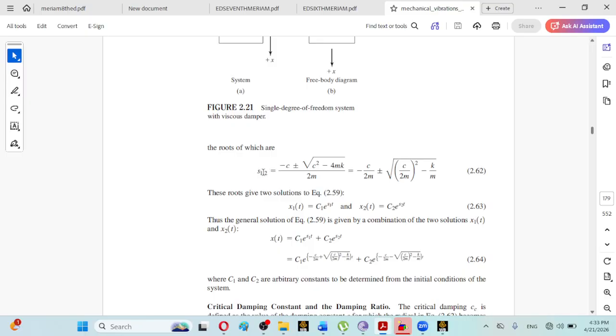So s has two values, which gave us two independent solutions.